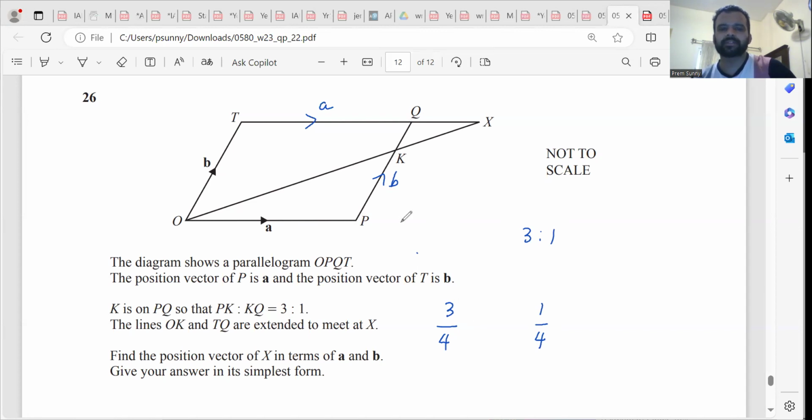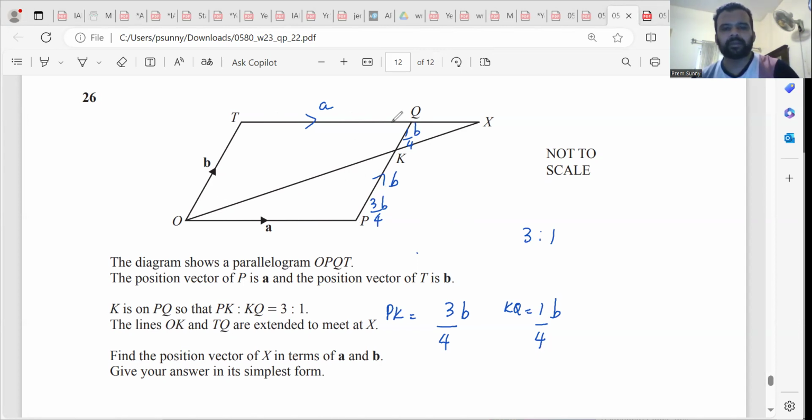We know this whole thing is B. So PK is equal to 3 by 4 of B and KQ is equal to 1 by 4 of B.